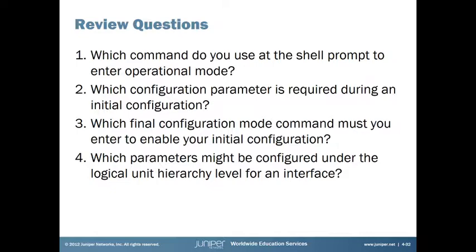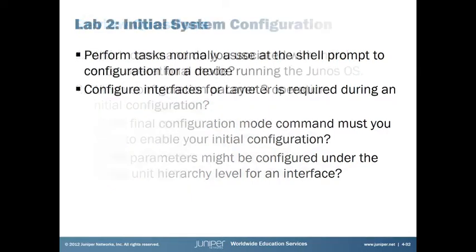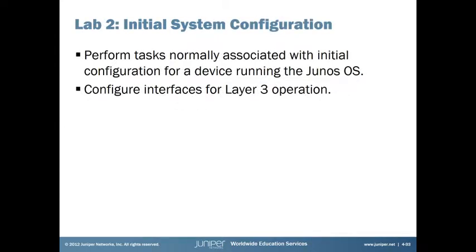Yeah, that would be something we would configure. The interface description. Yeah, you could put that. Yeah, definitely put a description on there. Exactly. We might put VLAN tagging on there or other types of logical things as well.